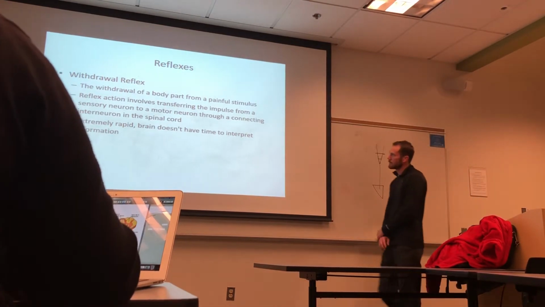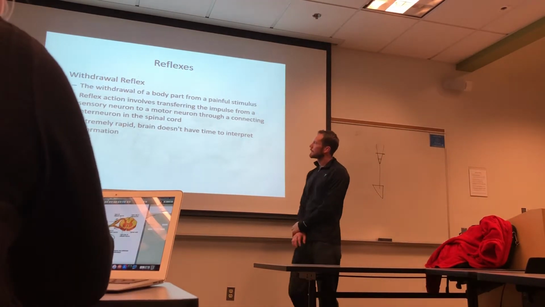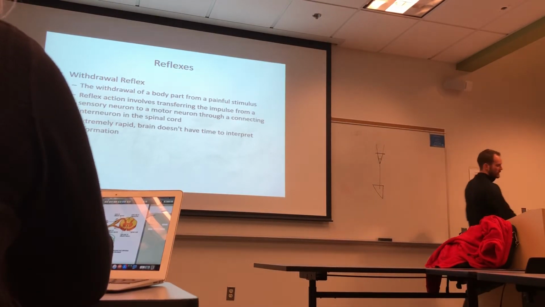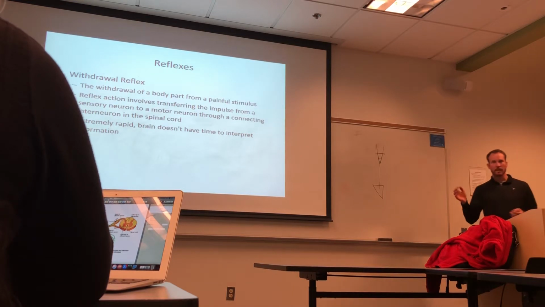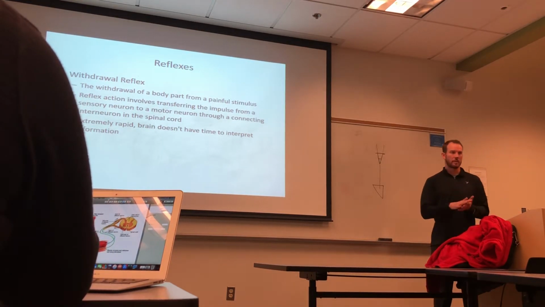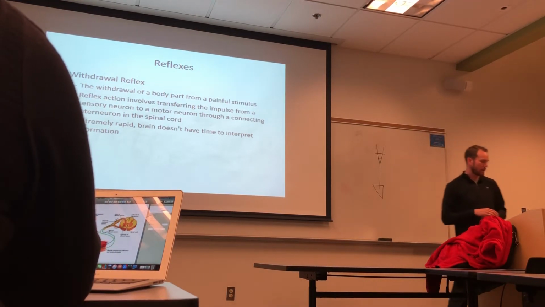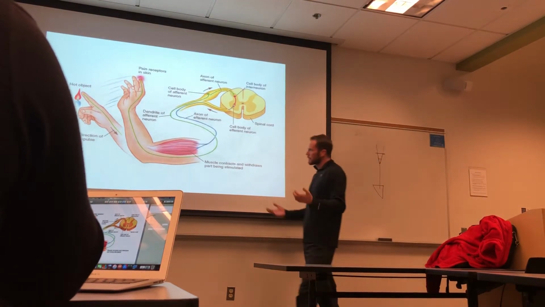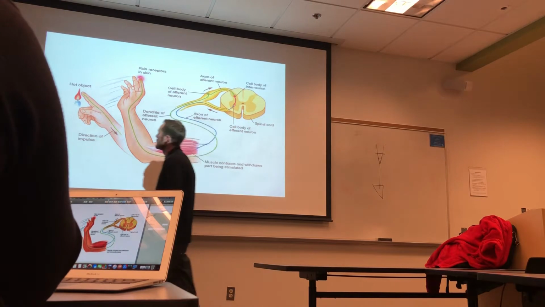So here's another one. This is the withdrawal reflex. This is an instance where for some reason you're pulling away. Typically it's pain, right? Some painful stimulus, you pull away from it. So this person's putting their finger in the flame of the candle.